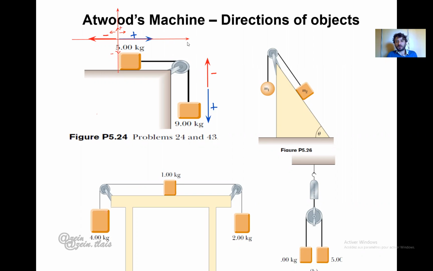We can draw also x-axis, but the positive must be down here with the same direction with the positive, the blue one. So like this is positive, the opposite will be negative, right is positive, and left is negative.